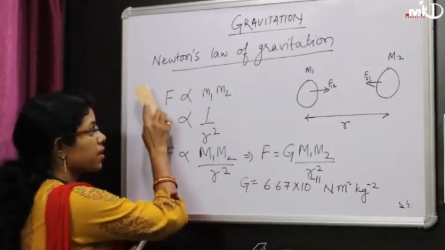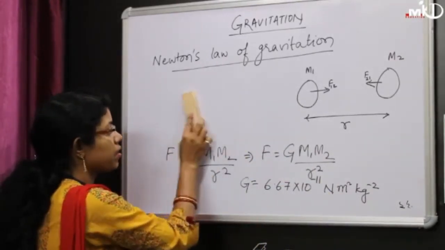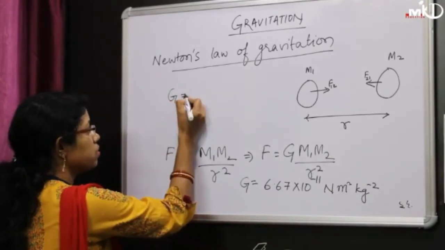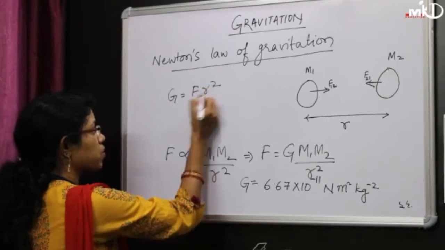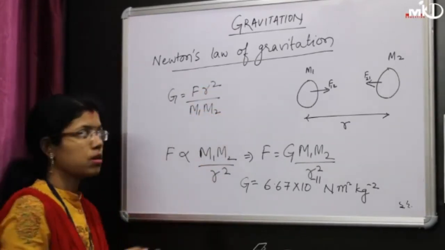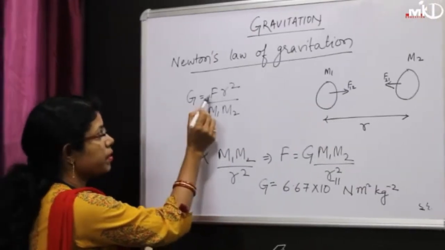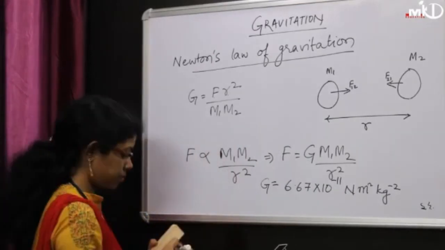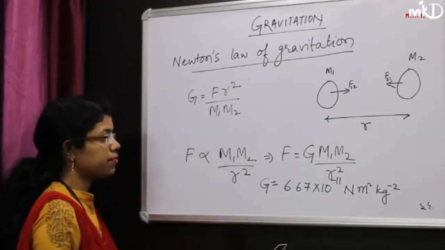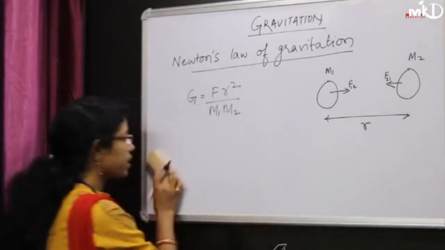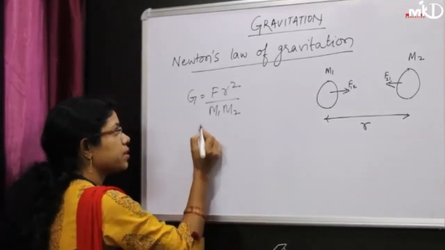How has this formula come? You can reorganize the formula as G is equal to F r square upon m1 m2. So the unit will be Newton meter square per kg square. What will be the dimension for G? You can substitute the values and derive the dimension.